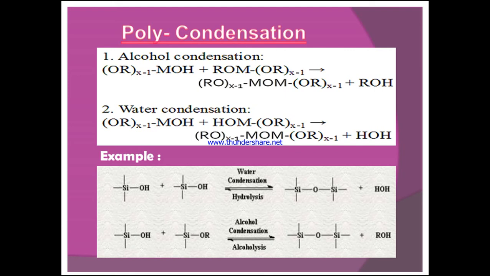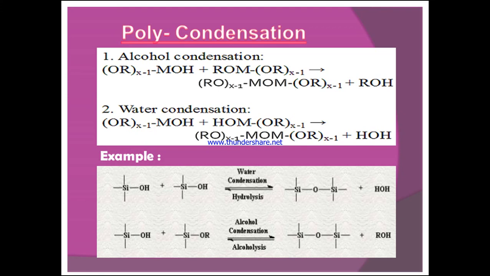Calcination is a process where we heat the gel with oxygen at around 600 to 800 degrees Celsius to extract the nanoparticles. By the calcination process, we can extract the nanomaterials. We get the end product as metal oxide, which is the nanomaterial.